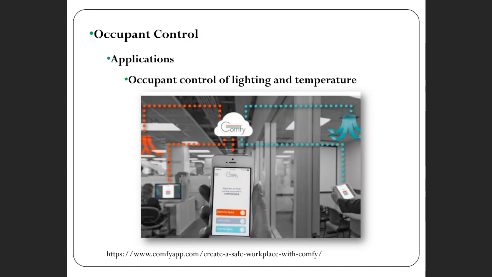So if you happen to work in an office building that has the system, you can load the Comfy app on your phone, and then you can use your phone to vote whether you want to raise or lower the temperature or raise and lower the lighting level. And then the Comfy software tries to break the tie if multiple people are asking for things that conflict with one another, right? So this is a case of a high-tech, smartphone-based way of giving occupants control of their lighting and temperature.